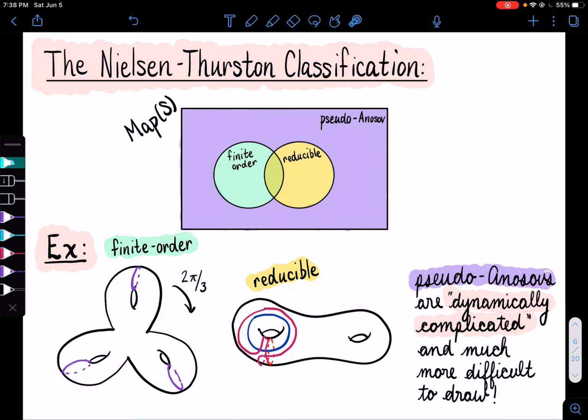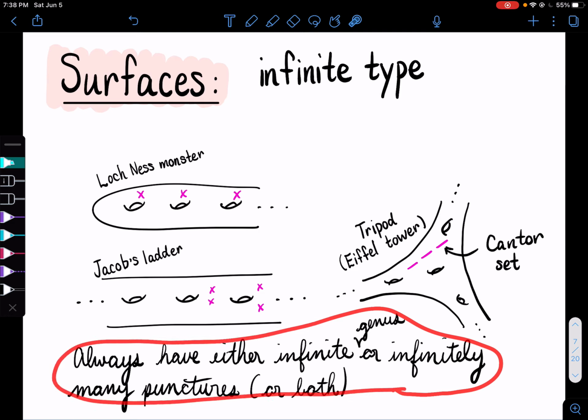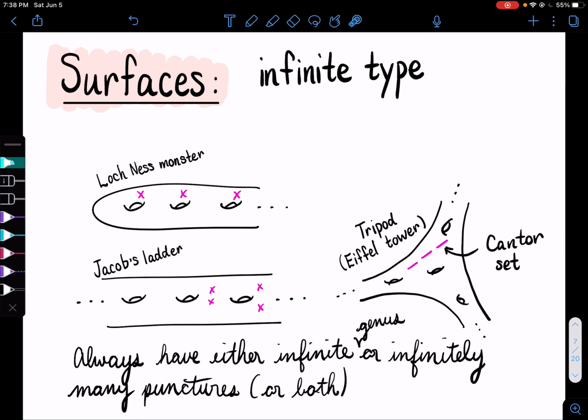Okay, so with this classification in hand, let's move on now to talking a little bit about the infinite type setting. Okay, so surfaces now of infinite type. We have some pictures here. I have the same type of description now for the infinite type setting as I did for the finite type setting.